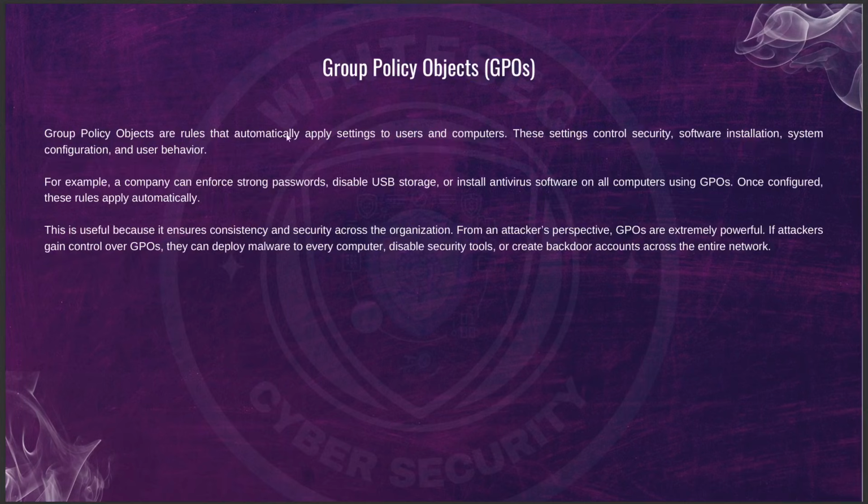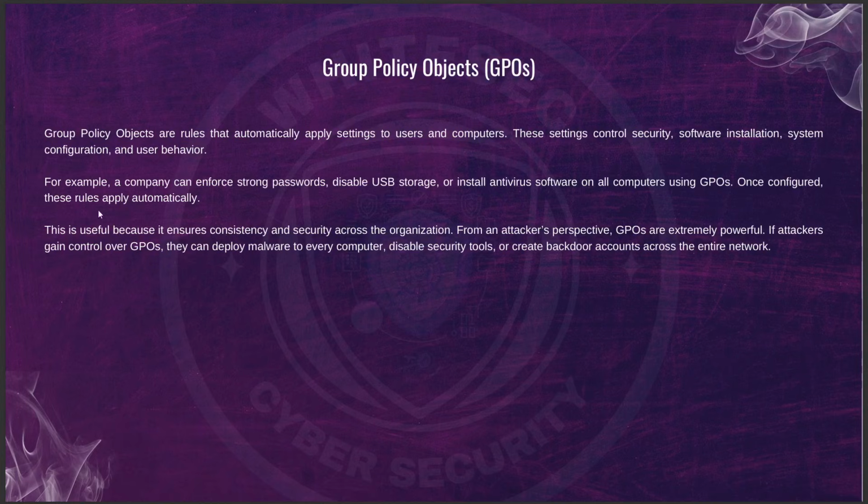Now let's learn group policy objects. Group policy objects are rules that automatically apply settings to users and computers. These settings control security, software installation, system configuration, and user behavior. For example, a company can enforce strong passwords, disable USB storage, or install antivirus software on all computers using GPOs.